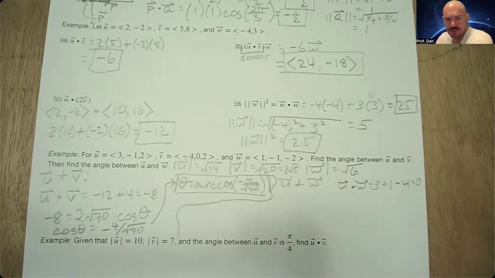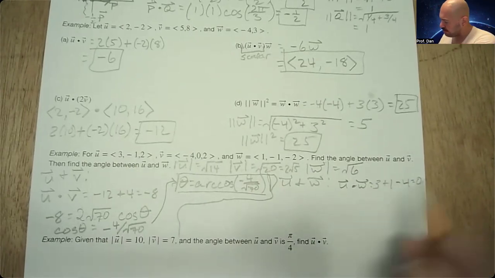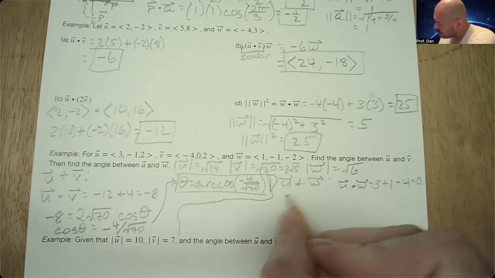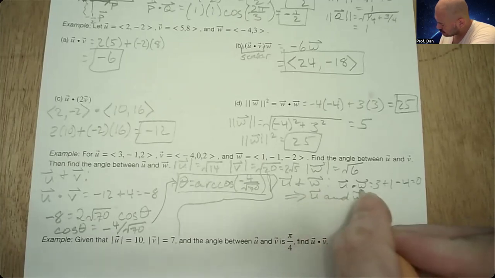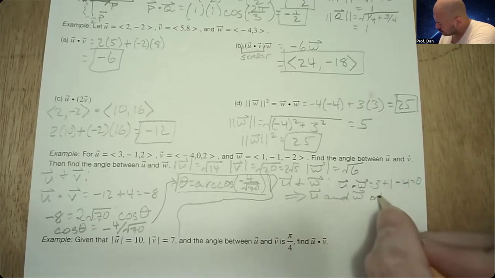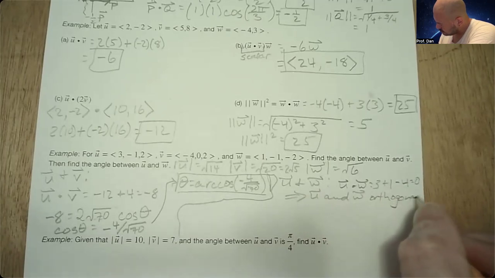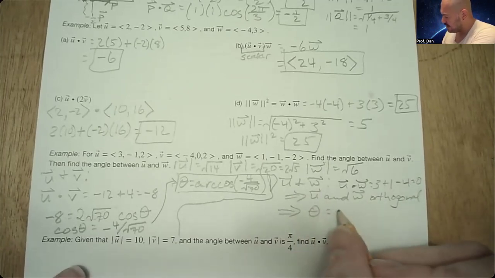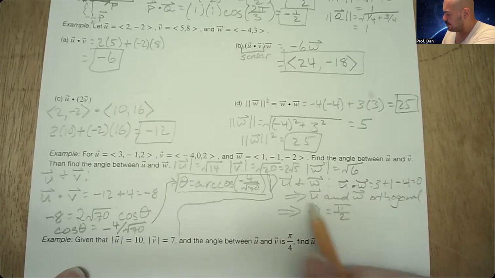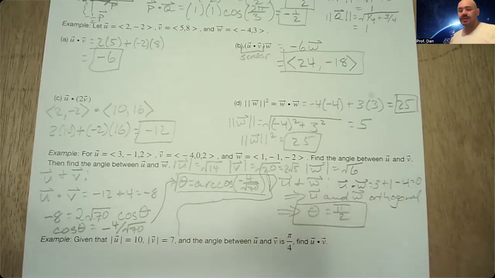That means that u and w are orthogonal. Meaning that the angle between them is 90 degrees, or the sophisticated answer, pi over 2 radians. And there we go.